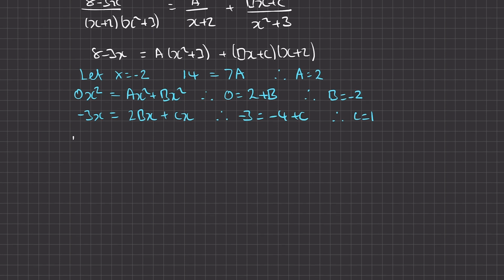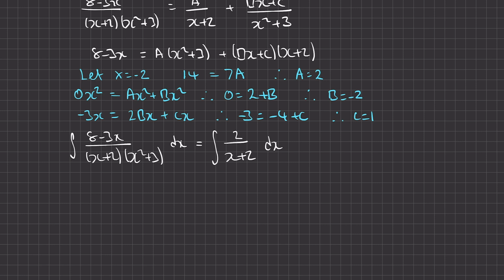Okay, so now I'm going to rewrite the integral. We know the integral of (8 minus 3x) over (x plus 2) multiplied by (x squared plus 3), all with respect to x, is equal to the integral of 2 over (x plus 2) with respect to x plus the integral of (1 minus 2x) over (x squared plus 3), again with respect to x.